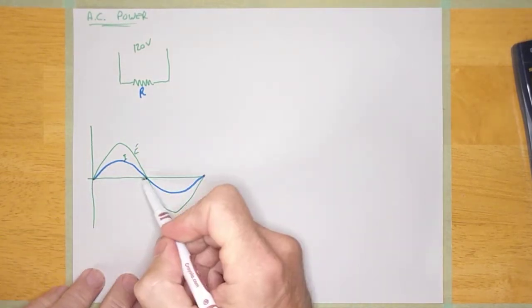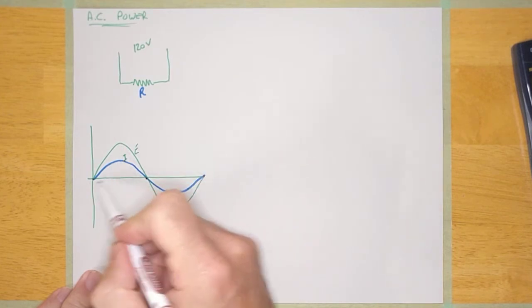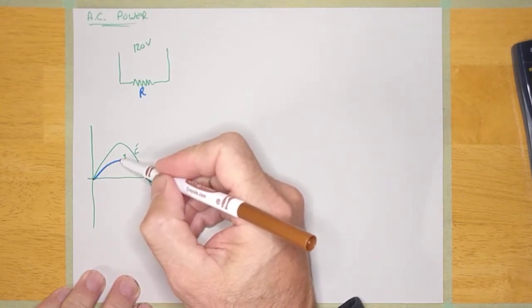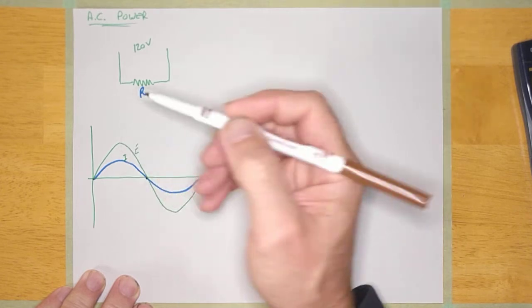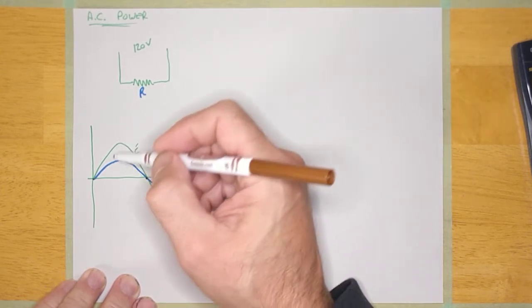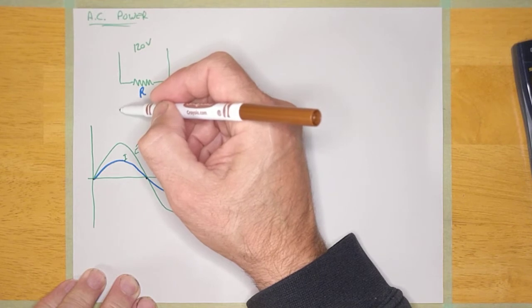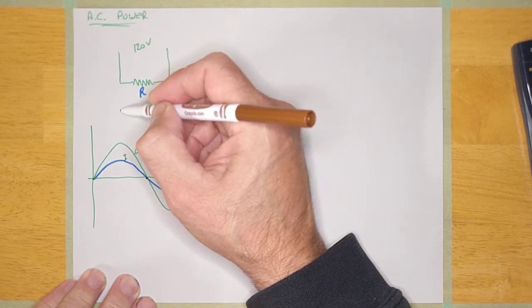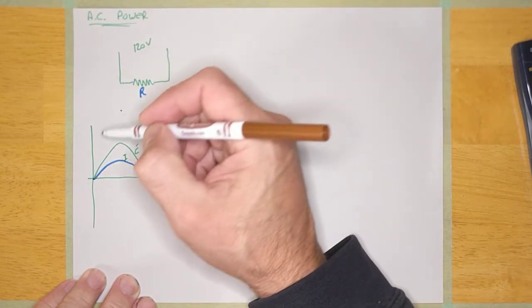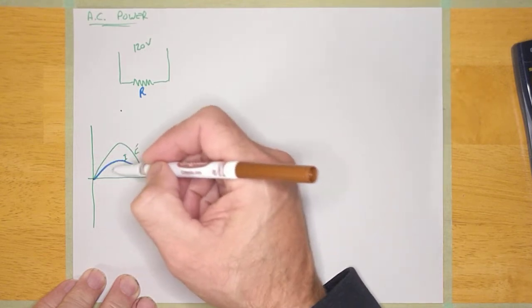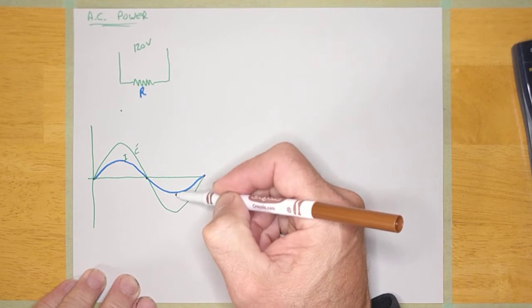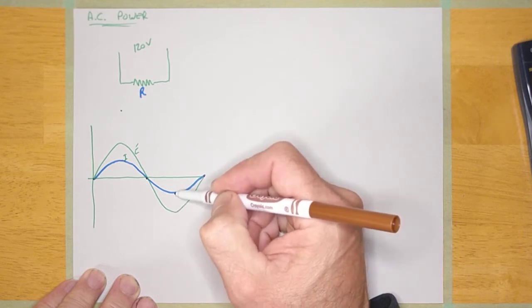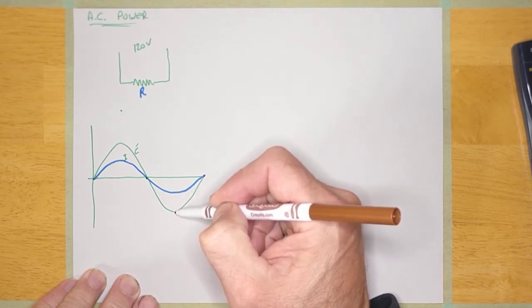So let's try to figure out what's going on when things are not 0. And here I've got a current that's peaking and a voltage that's peaking. They're both positive. And if I multiply those two together, I'll get a positive value of power. It's going to look something like this, right, guys? And over here, when I look at these two, I see them peaking, but they're both negative peaks, and I've got a negative current, and I multiply it by a negative voltage.